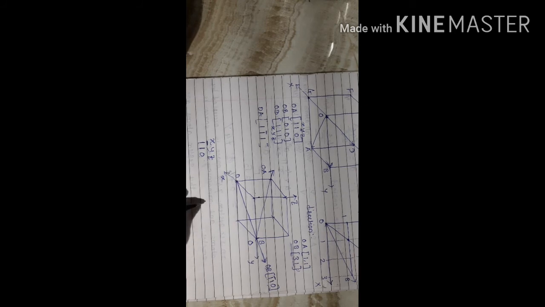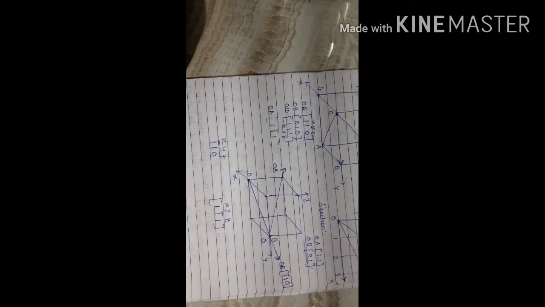Next, to find out the direction of 1 bar 1 bar 1, that is x, y and z. In this cubic structure, along the x-axis 1 unit, along the y-axis minus 1 unit, and along the z-axis 1 unit.